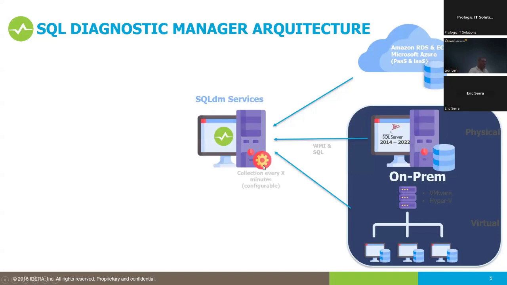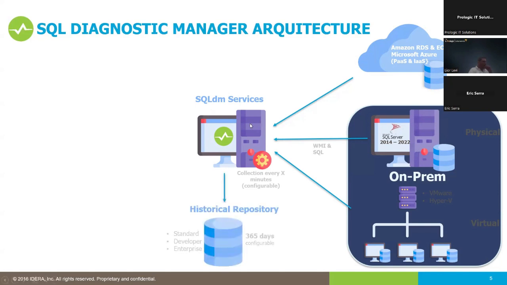Instead, we deploy the agent remotely on the same machine as our product. On that machine, there is a Windows service, which is a collection service, the agent dedicated to grabbing the metrics remotely through WMI and SQL Server with the standard SQL Server port that you are using.